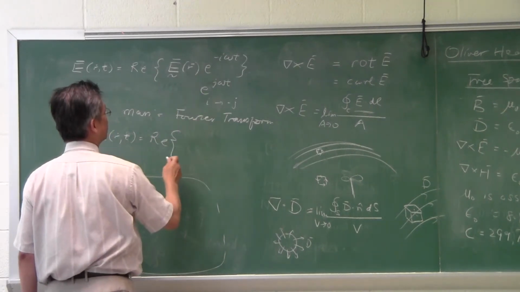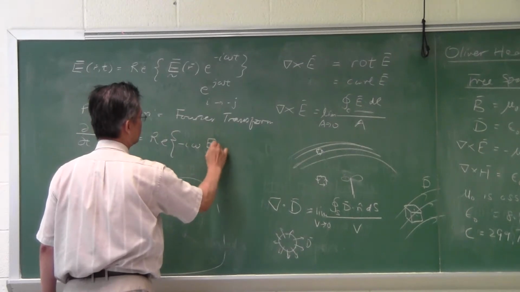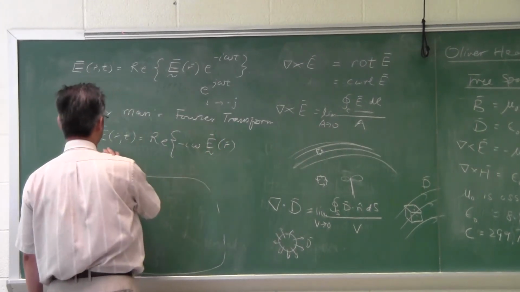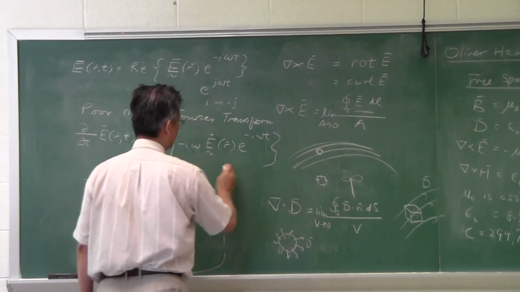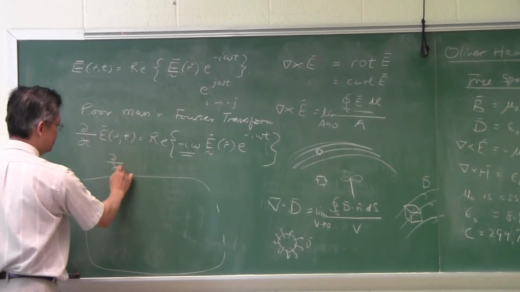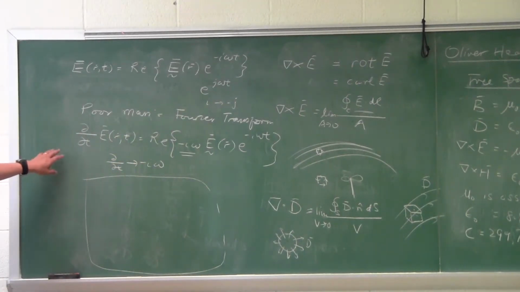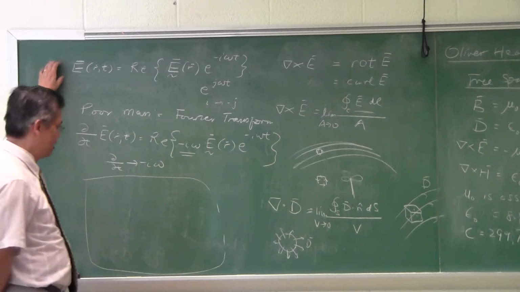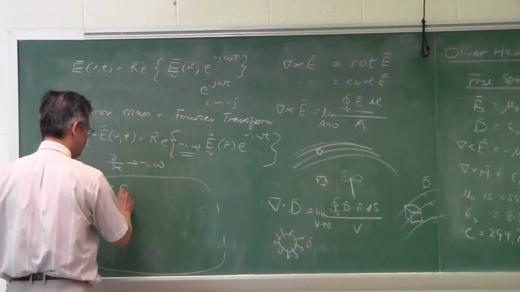If I differentiate this with respect to t, I get this representation. So in the phasor world, any time derivative becomes minus i omega. And you get the same effect by doing a Fourier transform. And in some textbooks, they will not use this phasor notation to arrive at a new set of Maxwell's equations.